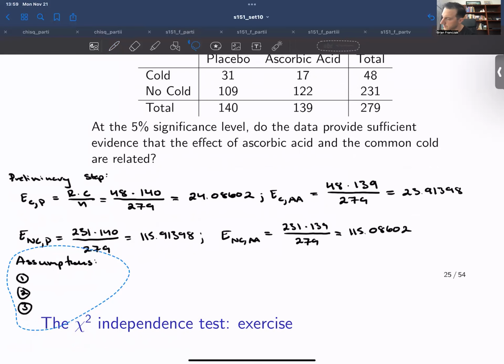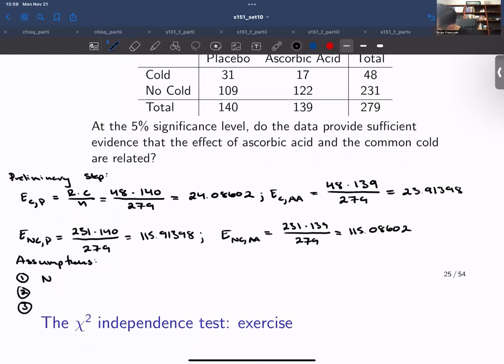So the first assumption is that no expected value is less than 1. And this is true because you can see that our lowest expected value is 23.91398, which is bigger than 1. So therefore, no expected values are less than 1.